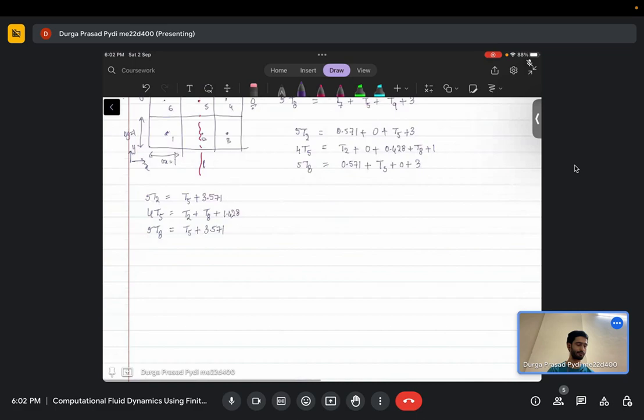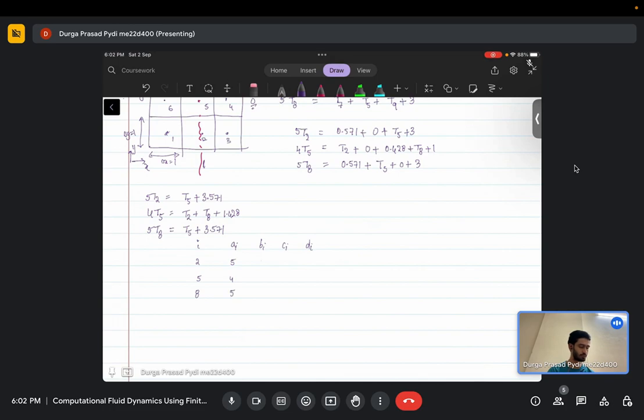So the process is again similar. We again apply the TDMA. Now we have three unknowns, T2, T5 and T8. The diagonal coefficients are 5, 4, 5.